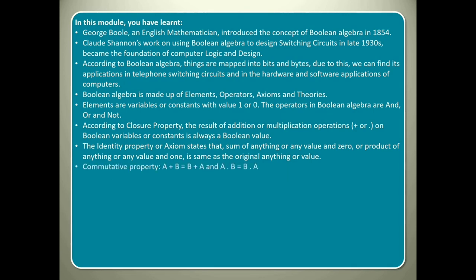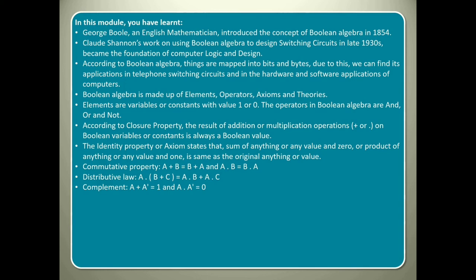Commutative property: A plus B is equal to B plus A, and A multiplied by B is equal to B multiplied by A. Distributive law: A into the sum of B plus C is equal to A into B plus A into C. Complement: A plus complement of A is equal to 1, and A into complement of A is equal to 0.